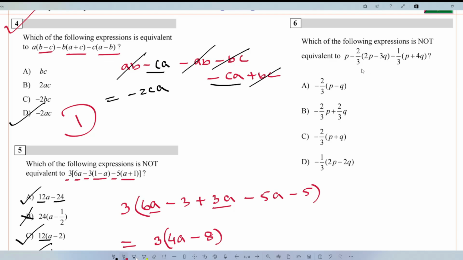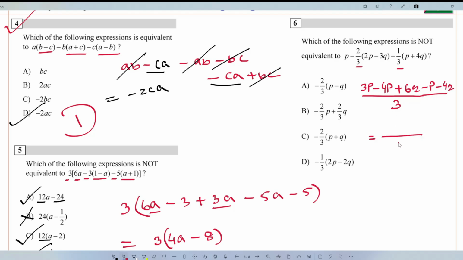Look, here the denominator is 3 and 3, we can directly write 3, so here is 3p minus 2 times 2, it means 4p, minus and minus, it will become plus 6q, right? Then minus p, then minus 4q.